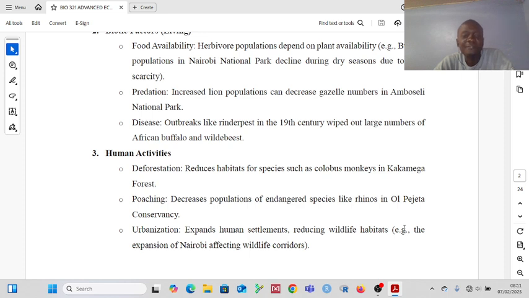When they clear 50 acres, that will mean they have reduced the habitat of wildlife by 50 acres. So what will that imply? The animals that were living in the 50 acres will have to move. So that will lead to a change in the population density in that particular area. So that is urbanization. We create an urban setup as we reduce the wildlife habitats.